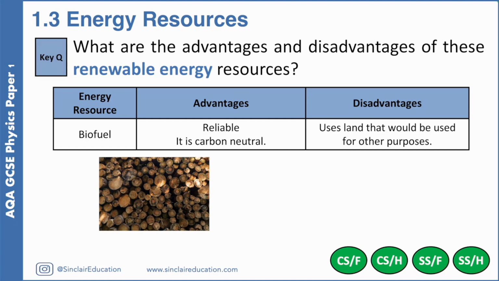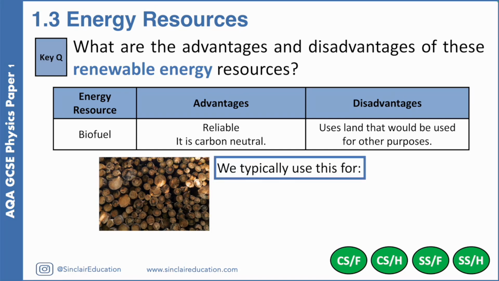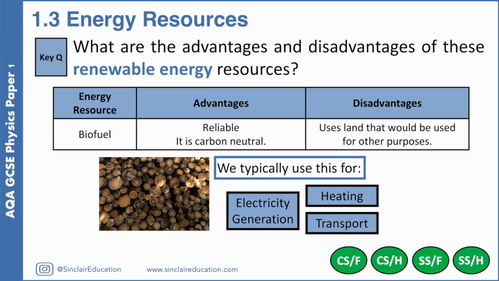The problem, however, and this is something that more hits into biology, is that land is a scarce resource. So if we're growing plants to then burn for our energy, we're using land that could be used for something else, and that does cause an issue. We typically use this though for generating electricity, heating, and we can use it for transport as well. That wouldn't be wood.